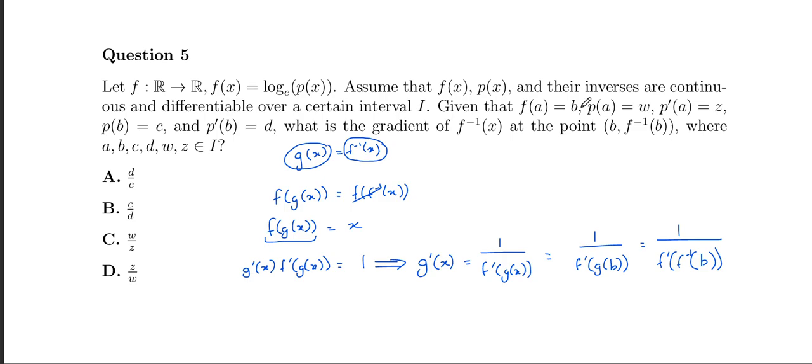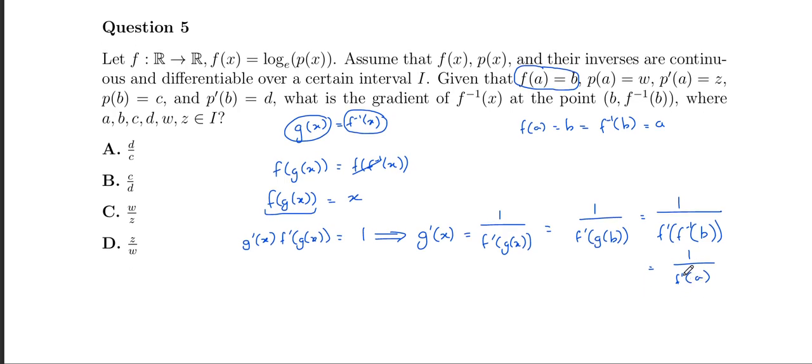g dash of b, or 1 over f dash of f negative 1 of b. So to find f negative 1 of b, we can look at this. So if f of a is equal to b, then f negative 1 of b is equal to a. So this is going to be 1 over f dash of a.